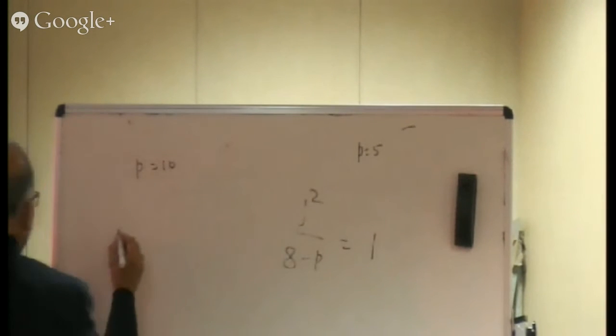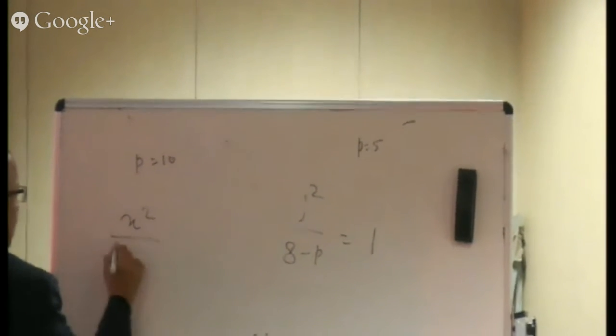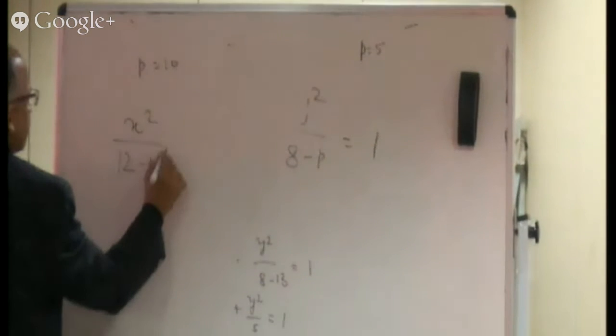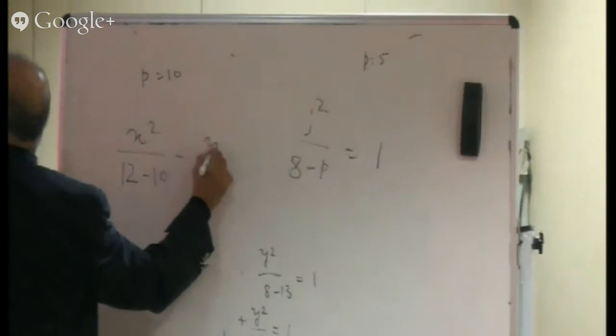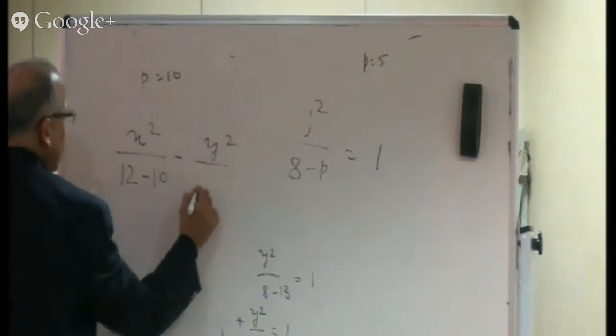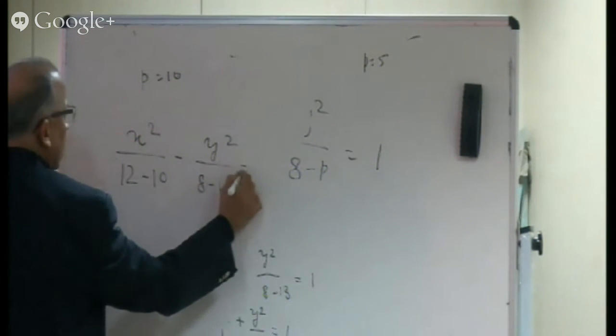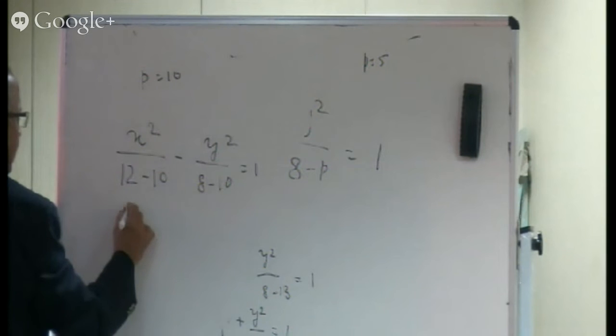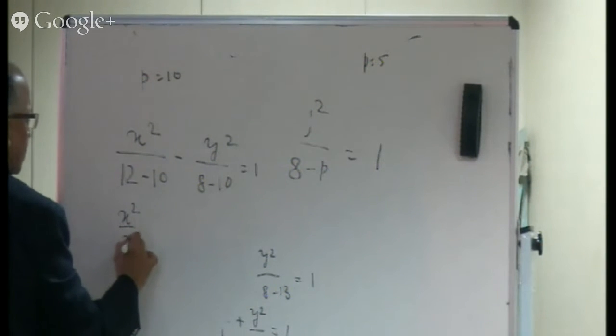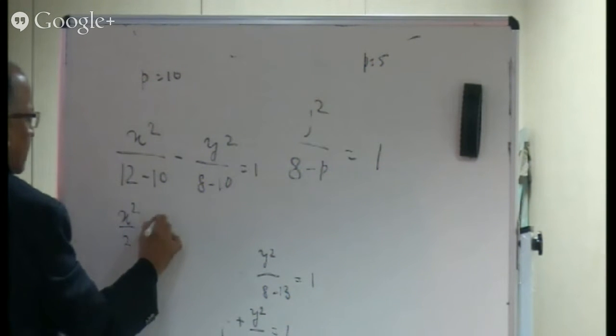Suppose 10. What does the question become? x square upon 12 minus 10 minus y square upon 8 minus 10 equal to 1. This makes it x square is equal to 2 plus y square upon 2.